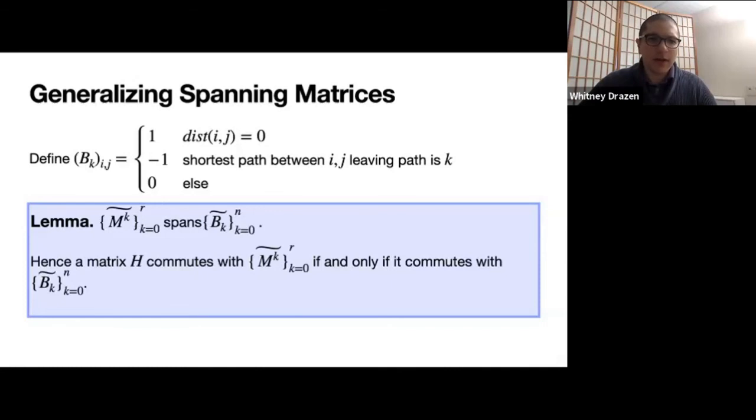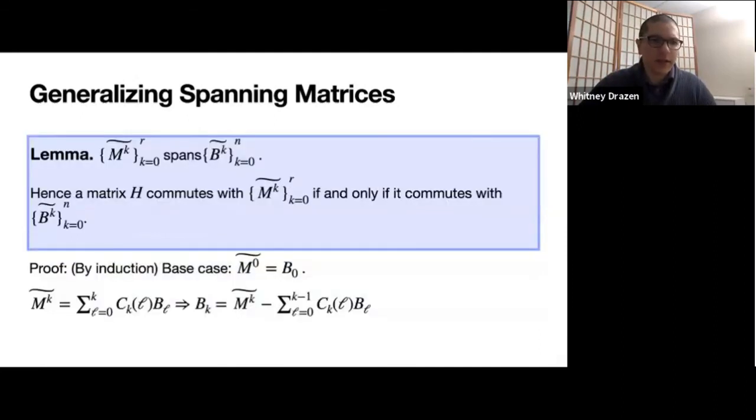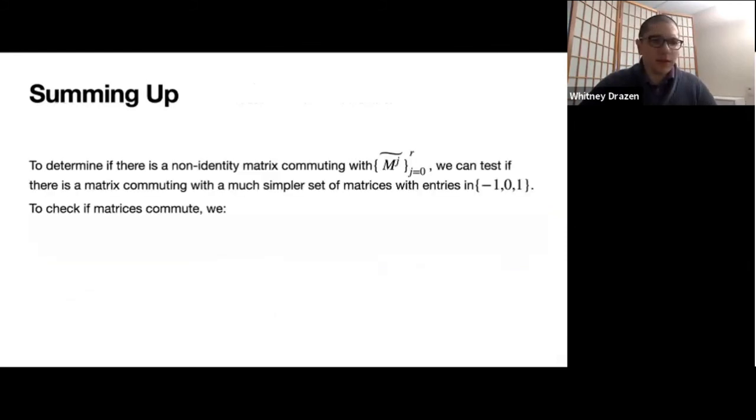So really, finding a matrix that commutes with the 0, 1 matrix won't just tell us that there exists one, but if we can't find one, that means that there doesn't exist anything that commutes with the restricted powers. Okay, so in the interest of time, I'll skip ahead a little bit.